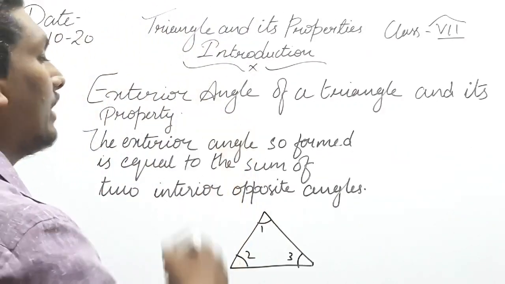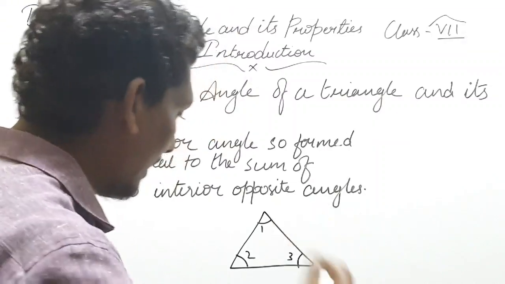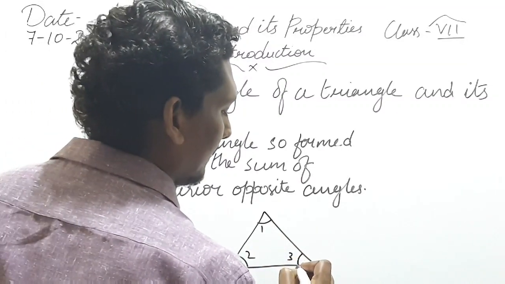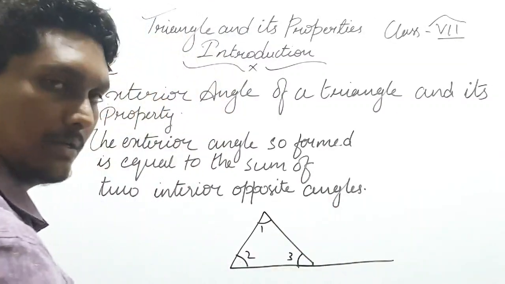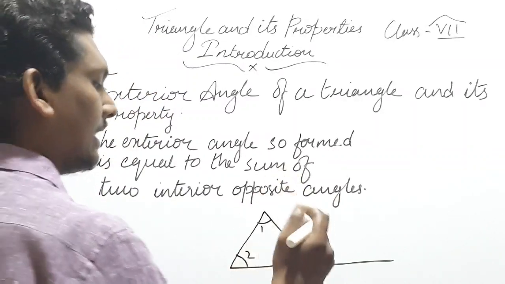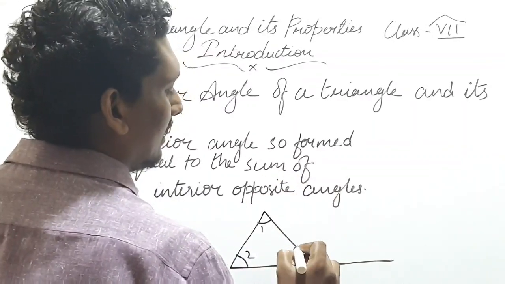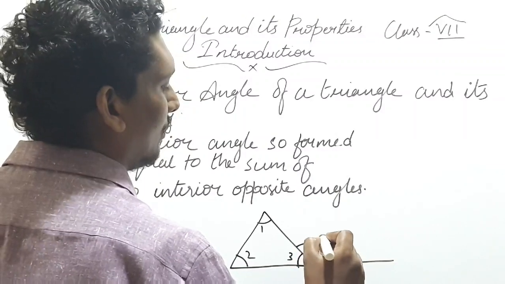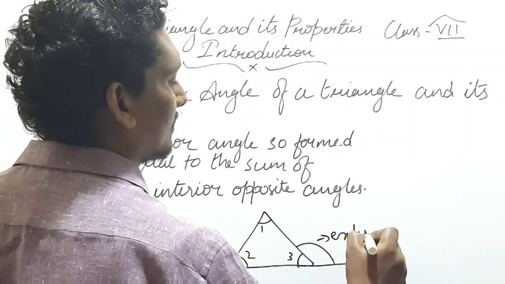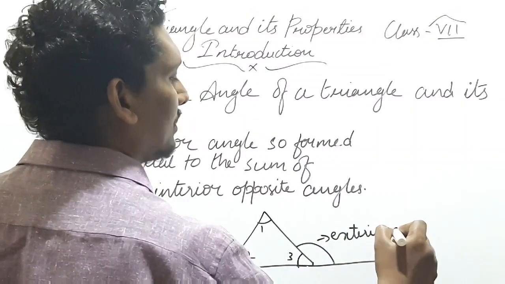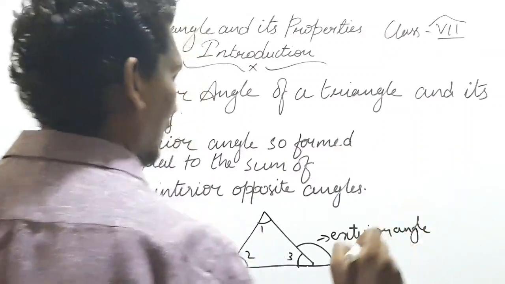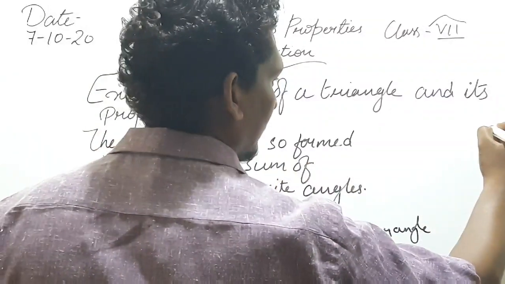Now, when you are talking about the exterior angle, if I extend this line like this, this angle is called the exterior angle. Sometimes the figure may be like this.